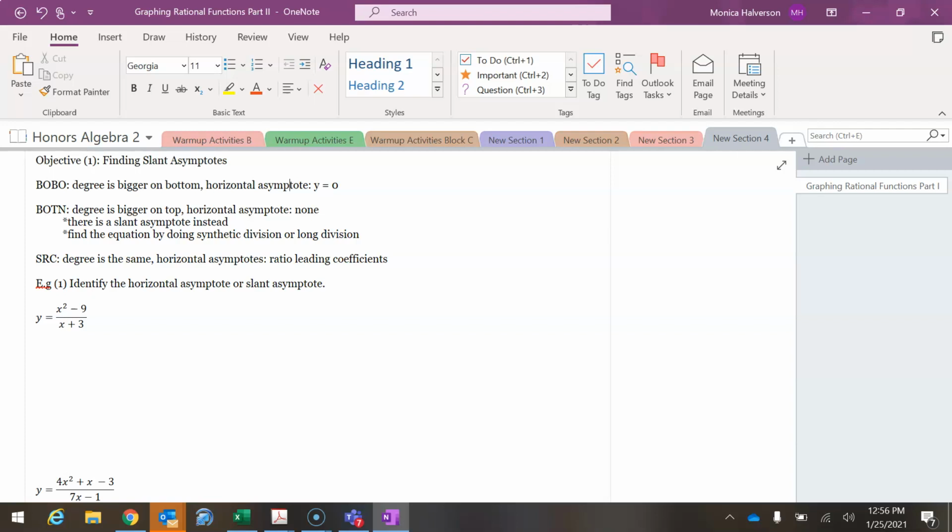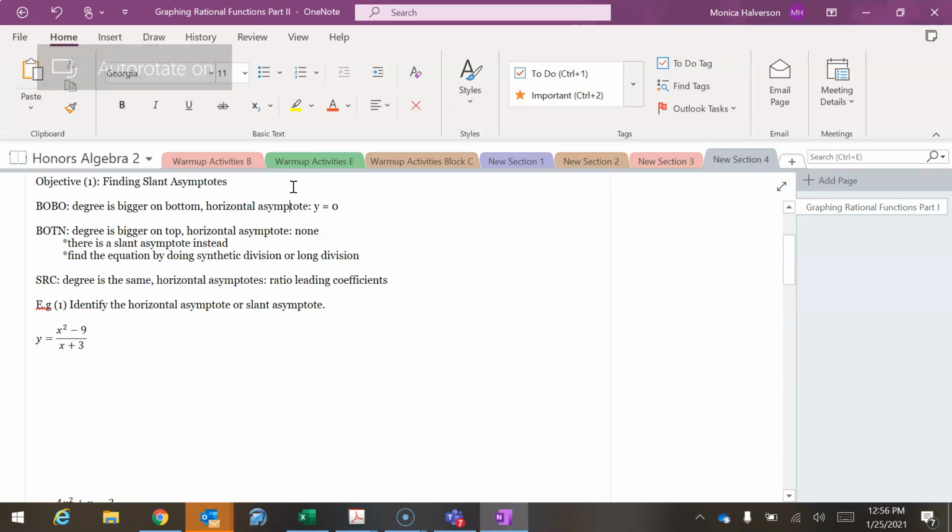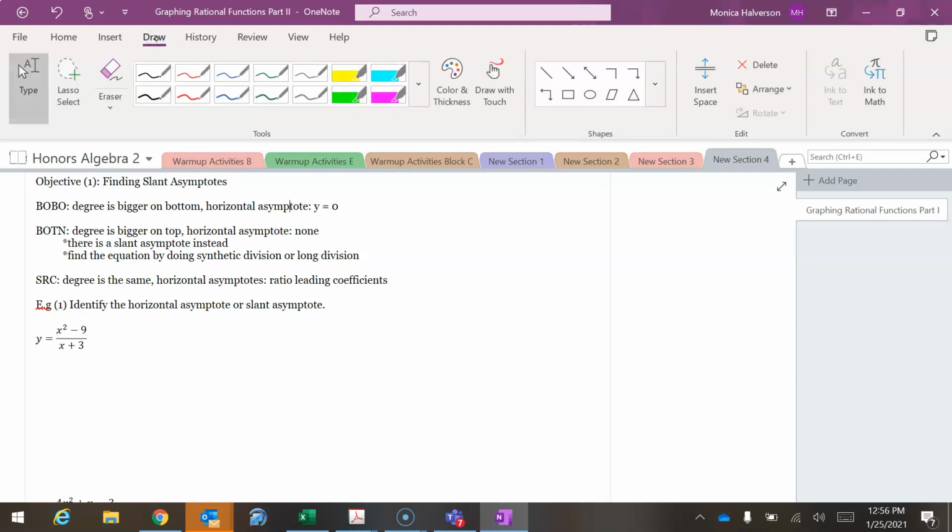So what I want to first focus on today is what happens if we don't have a horizontal asymptote and instead there's the possibility of a slant asymptote. So let's look at this first example. We have y equals x squared minus 9 all over x plus 3. The degree of the numerator is 2, and the degree of the denominator, which remember is the highest exponent, is 1.